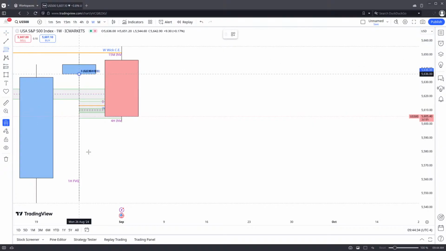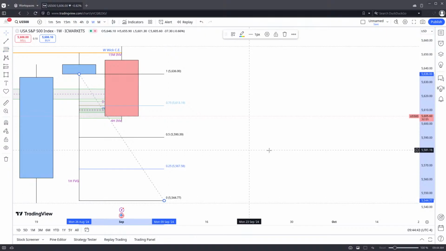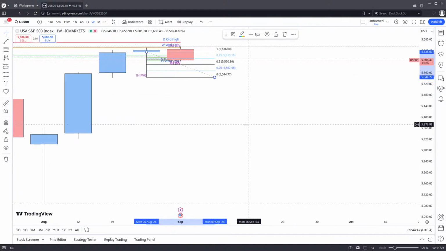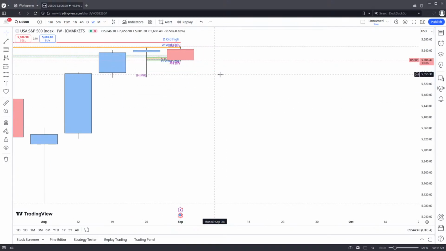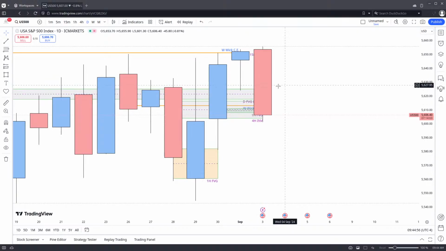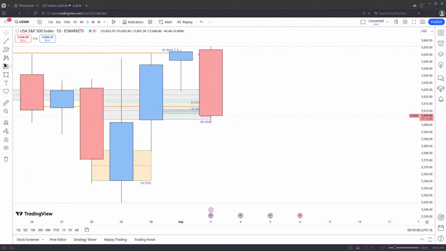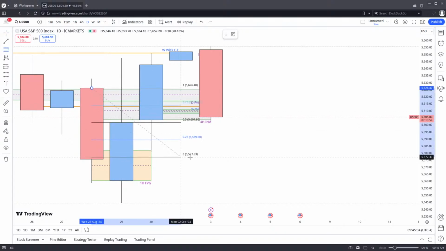This might be still in this upper quadrant, though. Still moving. Order block. Let's see the order block.